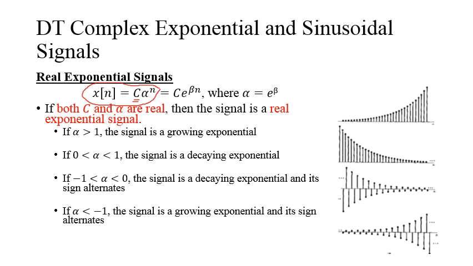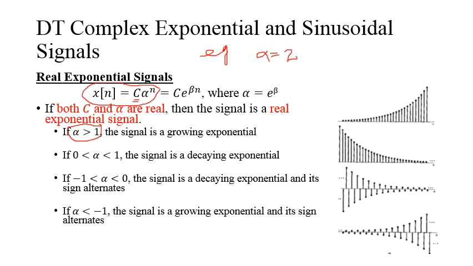Okay, so when these both are real, then we say, if alpha is greater than 1, for example, it can be anything. Let's take it to be 2.